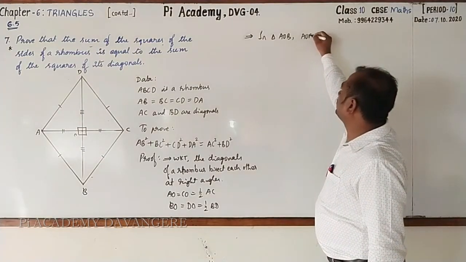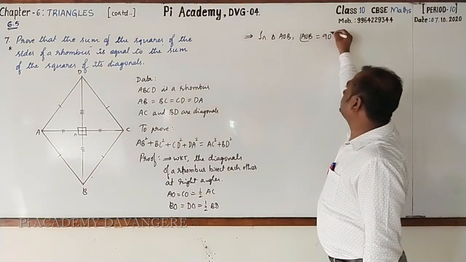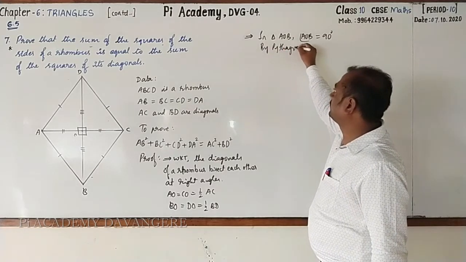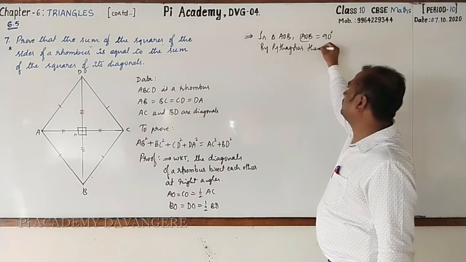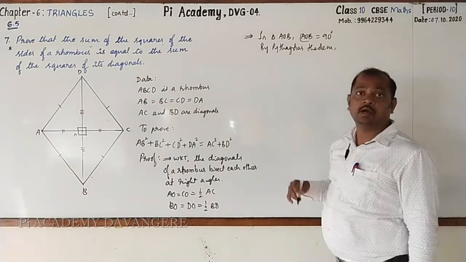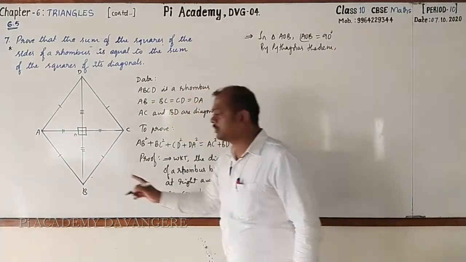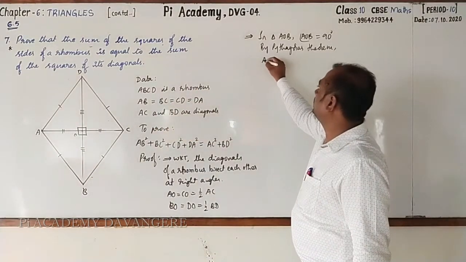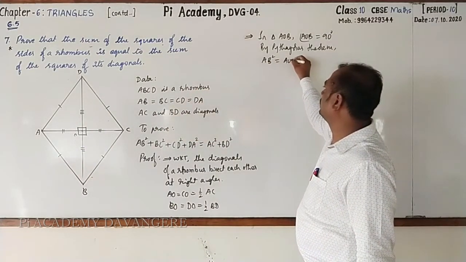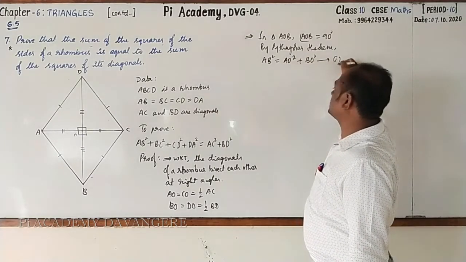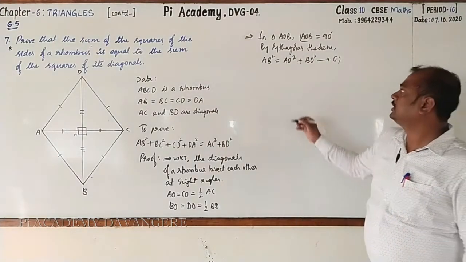Then by Pythagoras theorem or Baudhayan's theorem, AB square is equal to AO square plus BO square. You may call this statement 1.